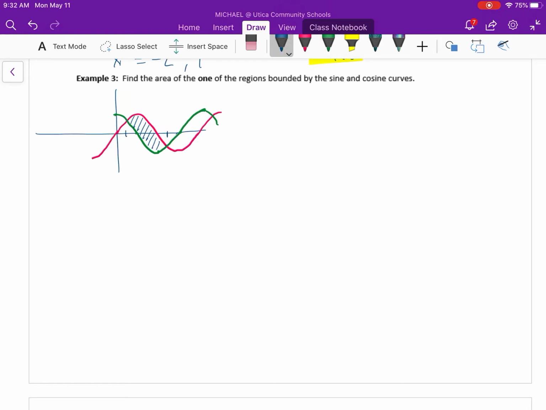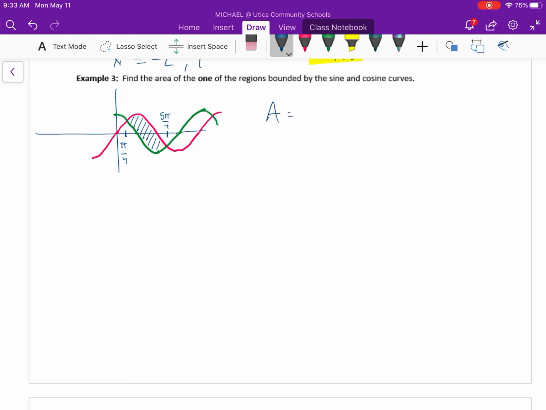So again, first step is to figure out where these intersect. Where does the sine equal the cosine? And if you remember back from your trig, that's going to be pi over 4 and 5 pi over 4. So that's going to be my endpoints.